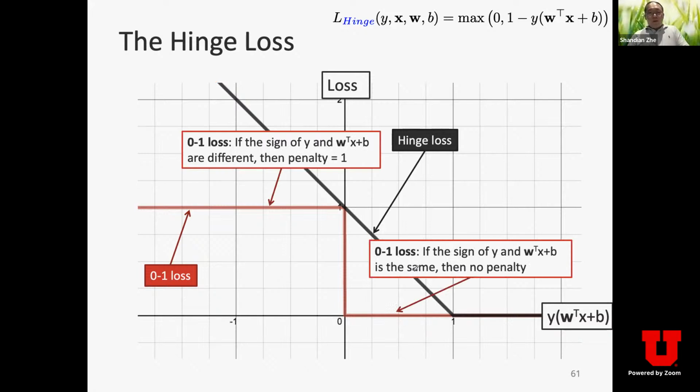Let me emphasize the interesting observation again. If your classification boundary is distant from the point you correctly classified, then you get 0 penalty. If it is wrongly classified, you get some penalty.